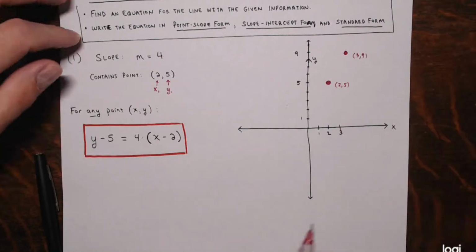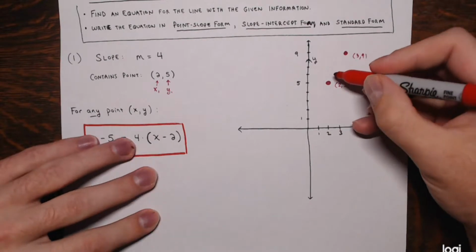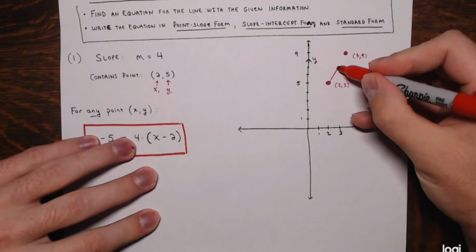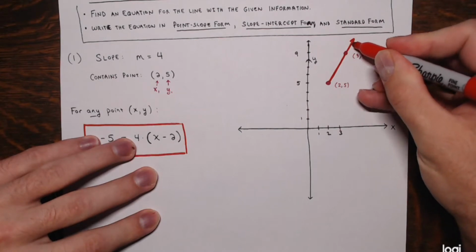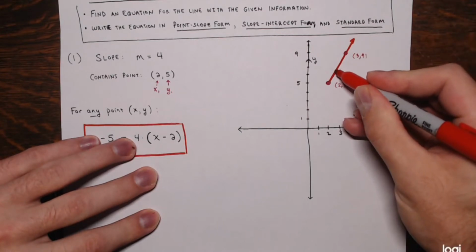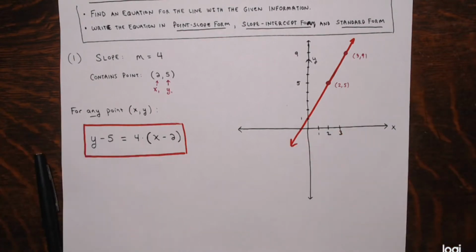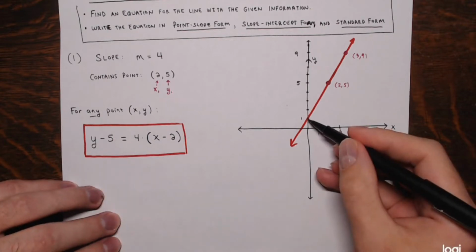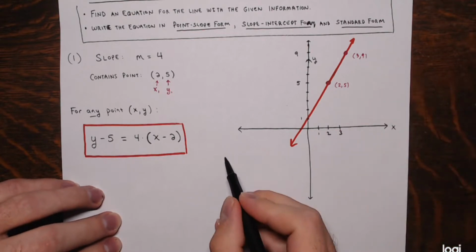(3, 9). This should also be on the line. Let's test that. Let me draw the rest of this in. I've got 2 points now, so I should be able to draw the rest of the line in. It should all fall on this line here. Something like that. We'll see what the x-intercept is in a second, but let's test it.